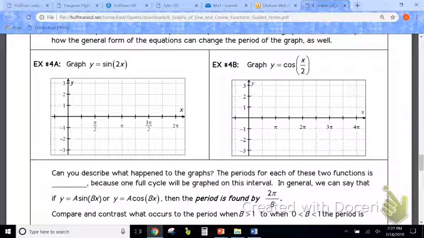So the example 4, the first thing on A there is sine of x. I'm going to write out my parent table and go ahead and graph it.